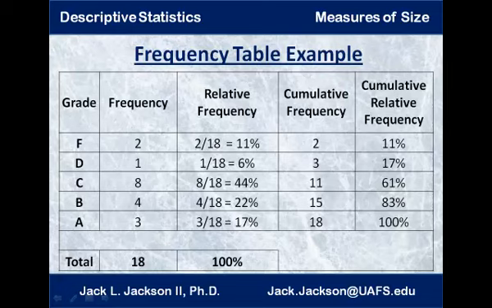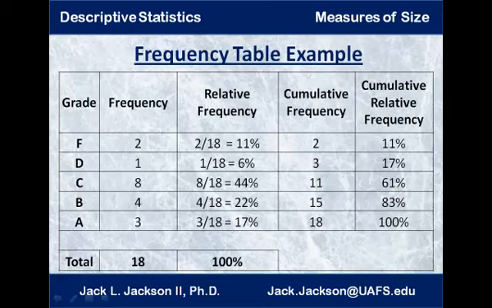Then we can get cumulative relative frequency one of two ways. We can either take the cumulative frequencies and divide by the total. So 2/18ths, or about 11%, is F or below. 3/18ths, or approximately 17%, is D or below, and so forth. Notice you can also get the cumulative relative frequencies by accumulating the relative frequencies.